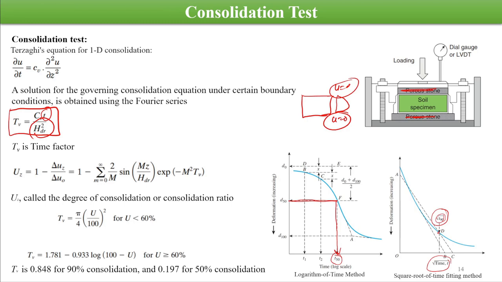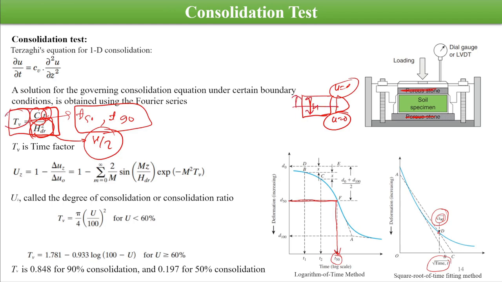So if we know the time of the 50% or the time of the 90% consolidation, we need to determine the CV, and the length of the drainage path we already know is H by 2. The height of the specimen is H, so the length of the drainage path is half of it.